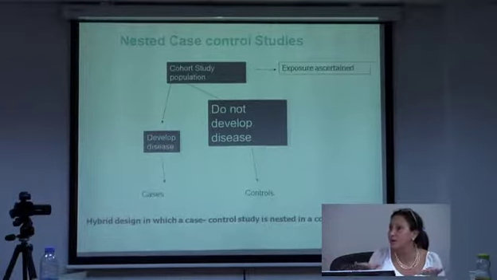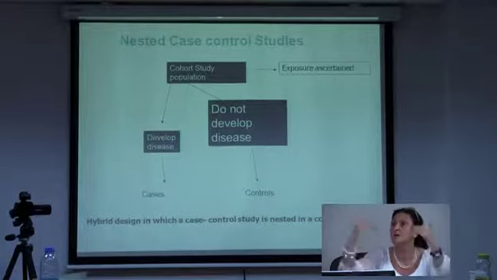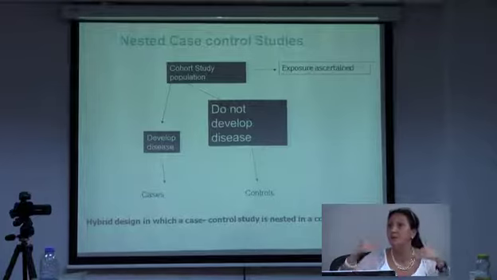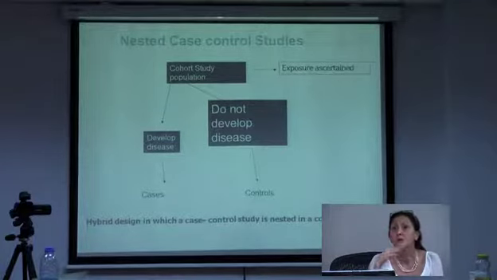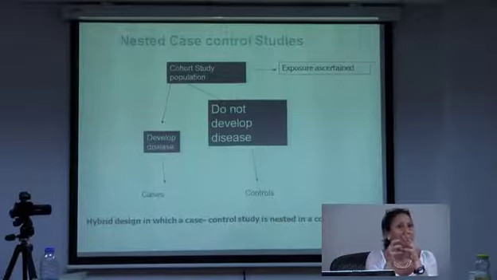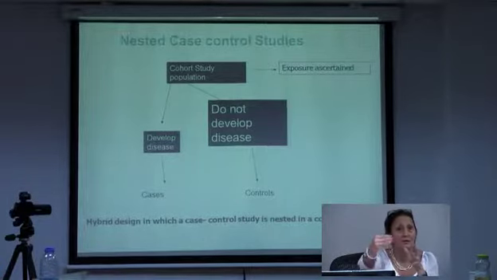In a cohort study, at baseline, they don't have the disease. We know that some of them are exposed, some of them are not exposed, and people follow them up for 10, 20 years. So what we can do is, before the end of the follow-up, if some of the people develop the disease, we take them as cases. The follow-up period did not end yet.